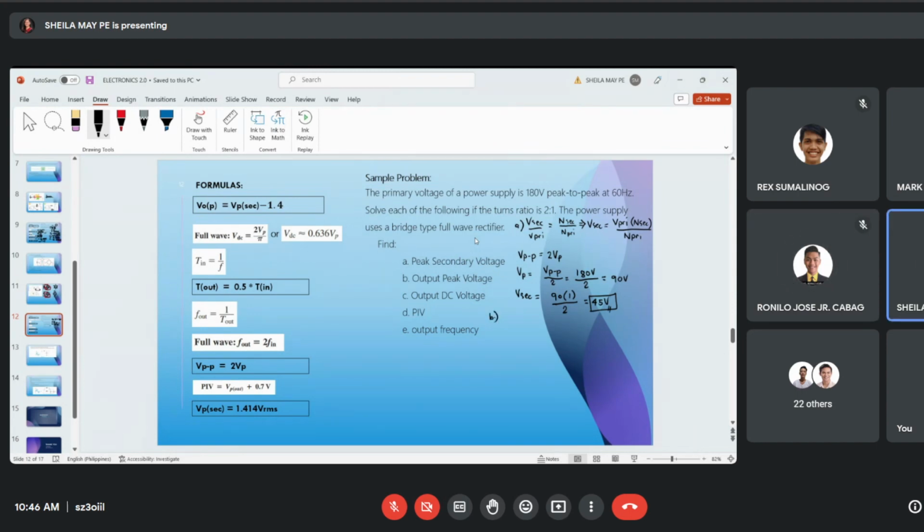For the V output, secondary peak voltage minus 1.4. So this would be 45 minus 1.4. So this would be 43.6 volts.